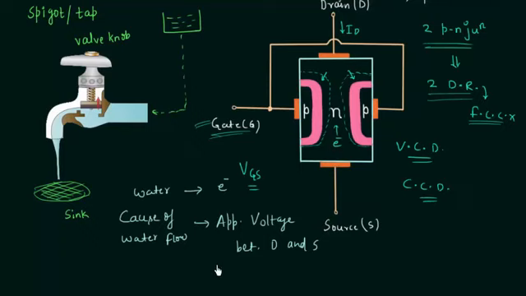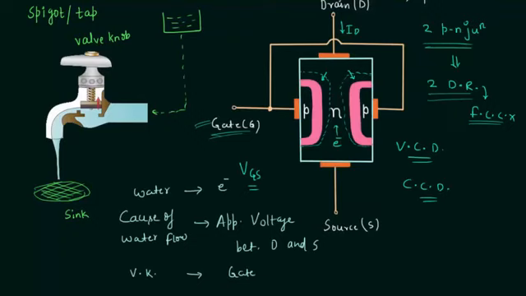The next comparison is between the valve knob and the gate. Here the valve knob is controlling the water coming out of the spigot, and here the gate is controlling the movement of electrons in the N channel. So we can say that the valve knob is the same as the gate in JFET.